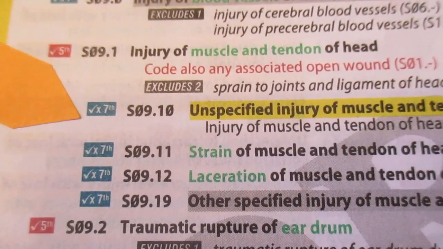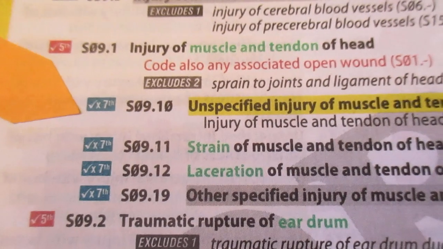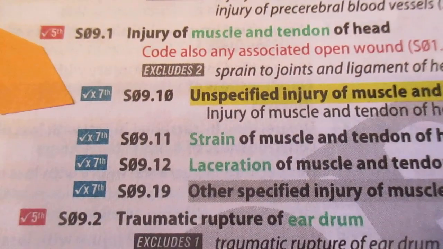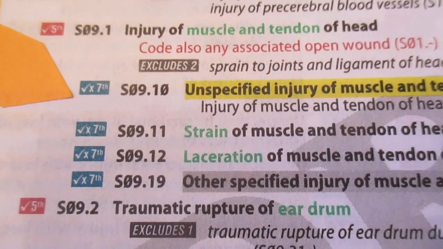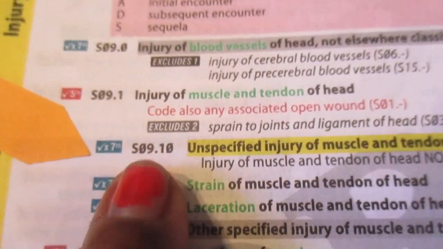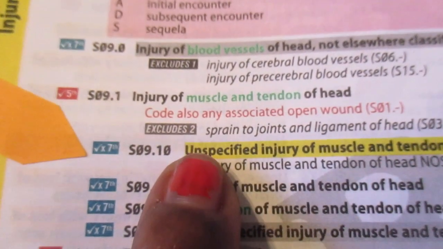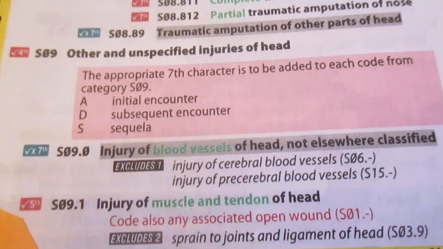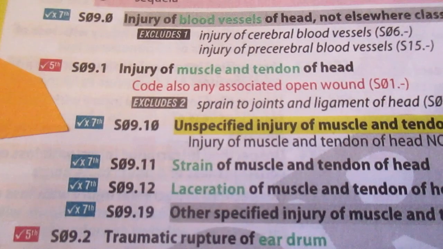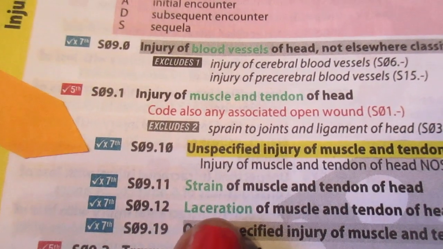S09.10 or 11 or 12 or 19 is only 5 digits long, and I need a 7th digit to add to it, then for any of these codes, I'd have to put S09.10, that's 5. I'd have to add an X, 6, and then add either A, D, or S. So I'd have to add an X as a placeholder to make these codes 7 digits long.